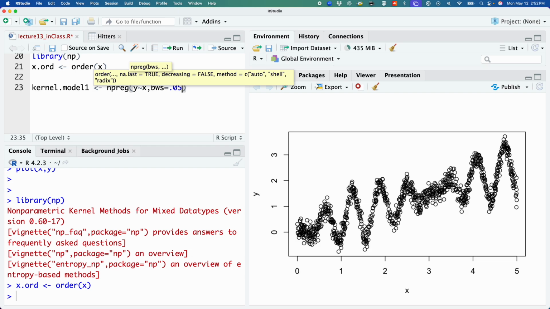You can imagine a data set that has less dense points somewhere in here. It doesn't even have to be at the ends, it could be in the middle. In that case, it would still be able to handle running the local regression, but the error bands in the area where there's lower density of points would be larger.